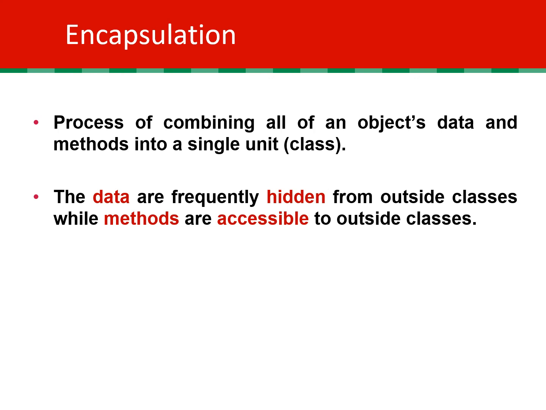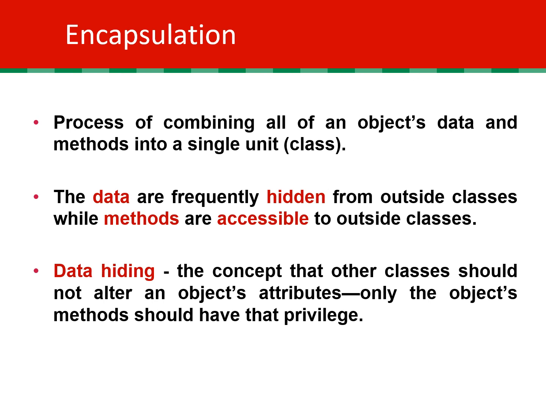Okay, the data are frequently hidden from the outside classes. I mentioned just now, we don't want to show the outsiders, other than you as a programmer, what is inside the class, especially the data. And you can only access the data from the methods, which can be accessible to the outside classes. Okay, how will that be done?